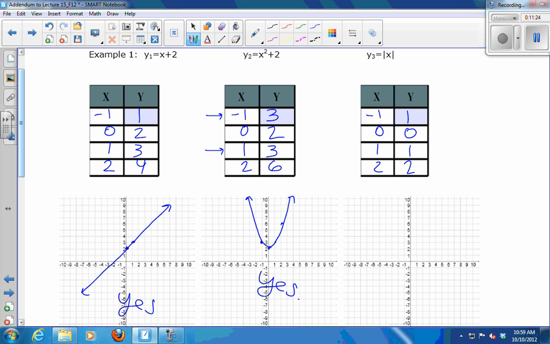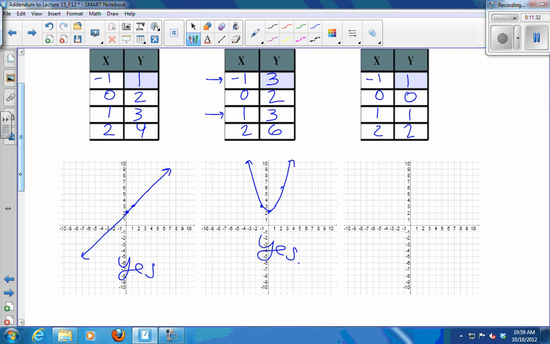Each input is giving exactly one output. That's good. And it's okay for two different inputs to give the same output. That's allowed. Okay, so the absolute value of x looks like that. Just plot the points, connect them. You get that V shape.